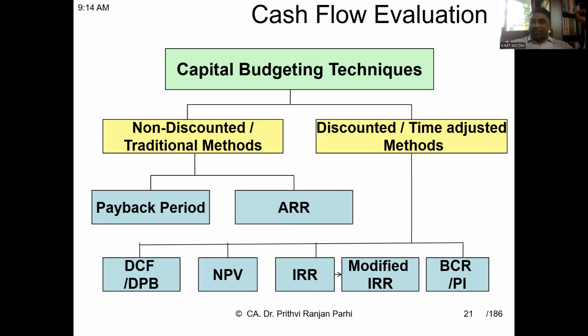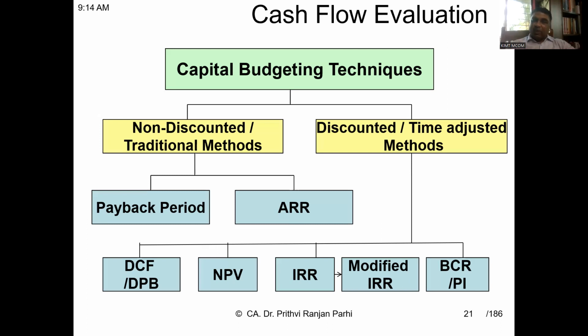Hope it is clear. There are some methods where we discount the cash flow. There are some methods we call traditional or non-discounted methods, where the cash flows are not discounted. Therefore, the more technical method is the discounted method. The traditional methods include the payback period method and ARR, that is the accounting rate of return method.